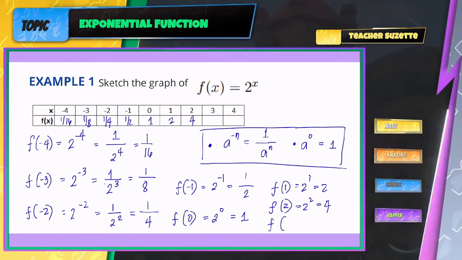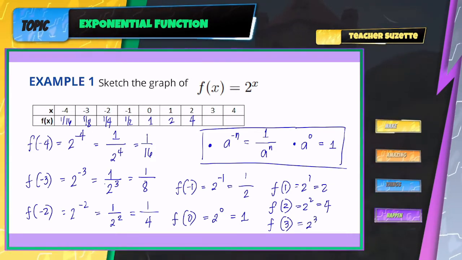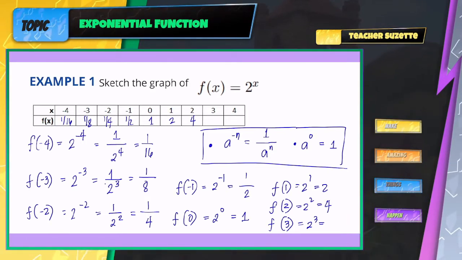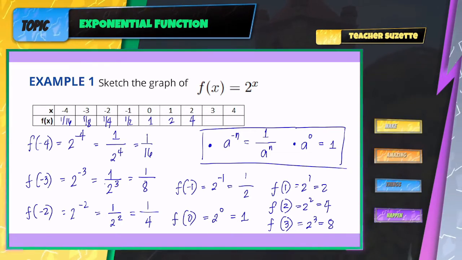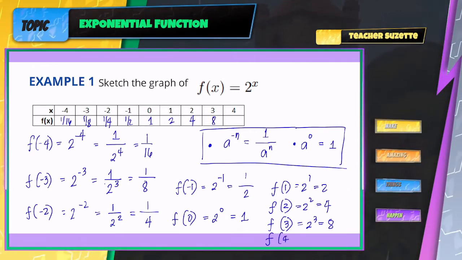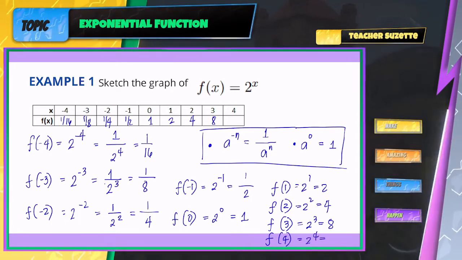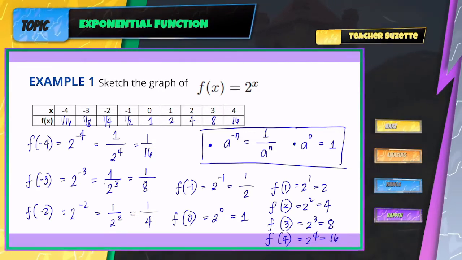Next, function of 3 is equal to 2 raised to 3. 2 raised to 3 is 2 times 2 times 2. That is equal to positive 8. And lastly, we have f of 4 is equal to 2 raised to 4. That is 2 times itself 4 times, which is equal to 16.